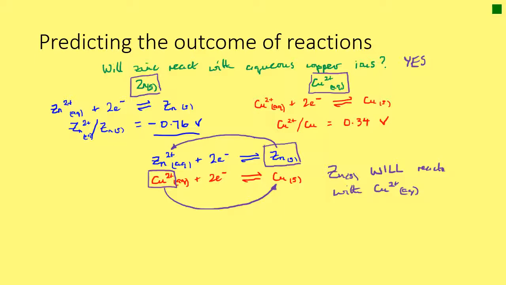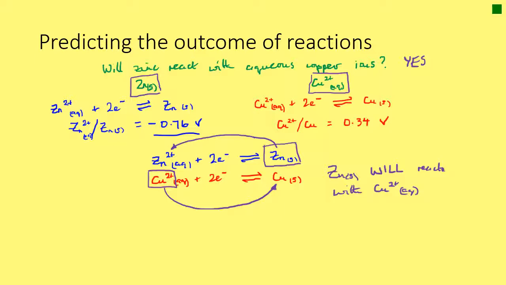Then, with this anti-clockwise rule, you have to put the half equation with the more negative electrode potential on top. Moving back to blue for zinc, the one that is more negative is the zinc.